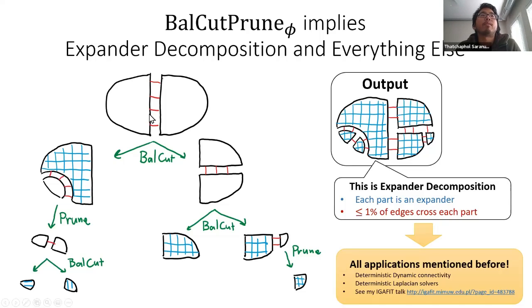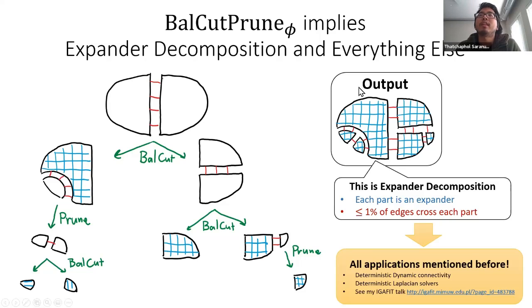Because given a graph, what you can do first is, if you have this subroutine, you just recursively apply it to the graph. If it returns a balanced cut, you apply recursively on both sides. If it returns the prune case, where the rest is an expander, you just recurse on the smaller side, the prune part, and so on. Keep doing this until all the parts are guaranteed to be expanders.